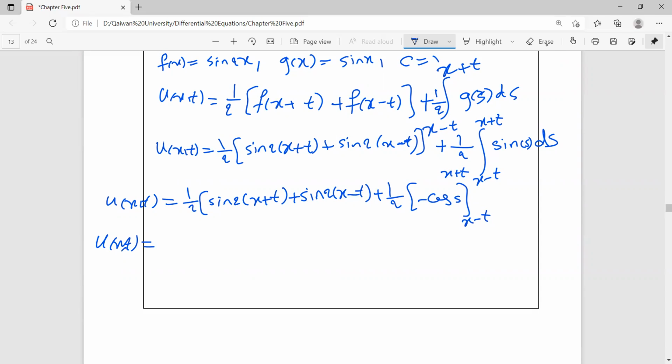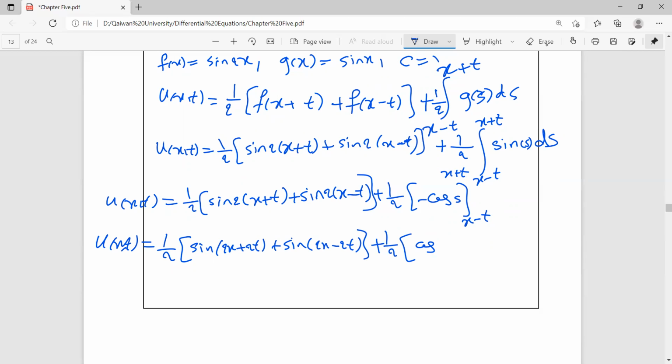You get u of x,t equals a half of, we write down the bracket the same, sine 2x plus 2t, plus sine 2x minus 2t, plus a half of minus cosine.